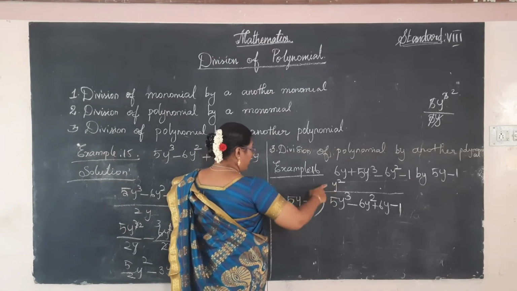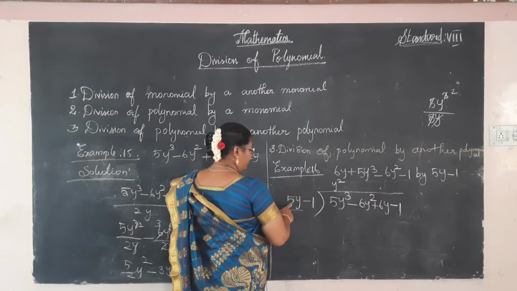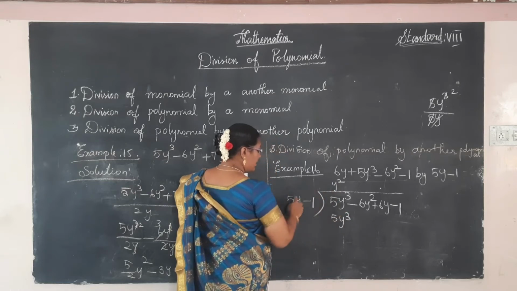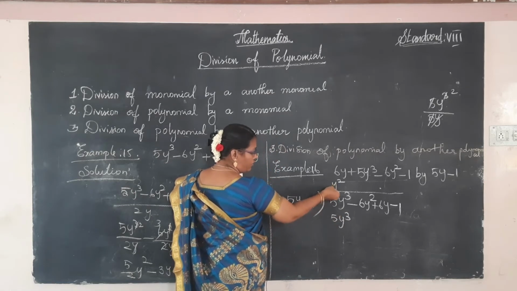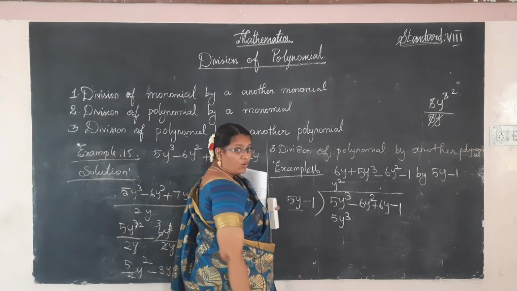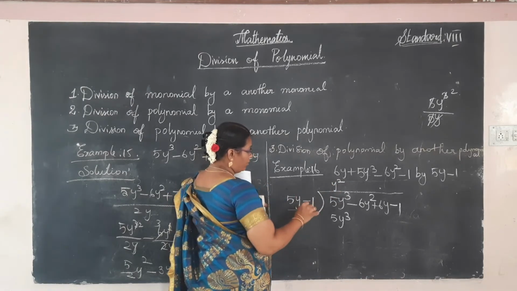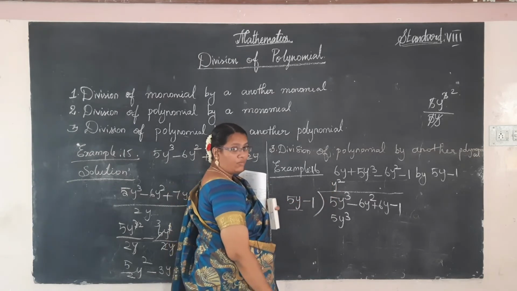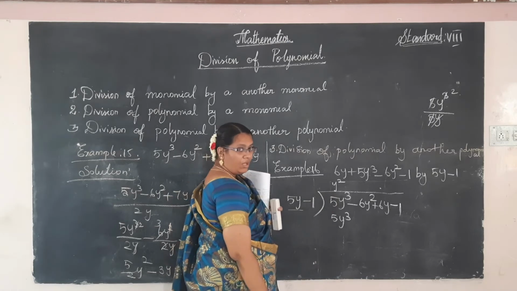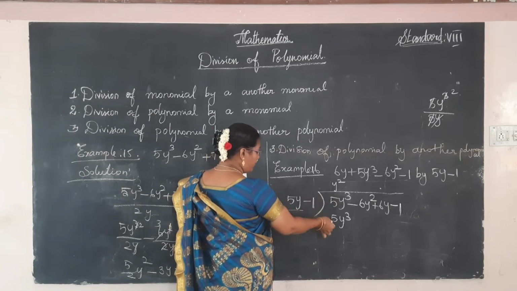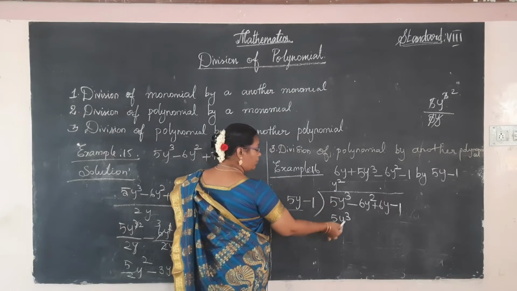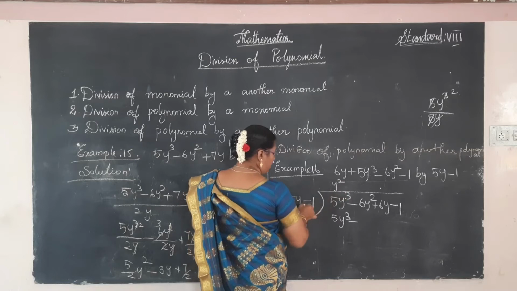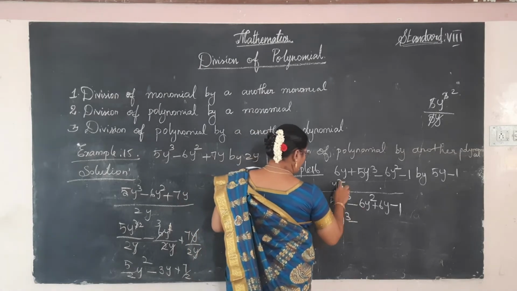Now multiply the quotient y squared by each term of the divisor. Y squared into 5y gives 5y cube, since the coefficient is 1, so 5 ones are 5, y squared into y power 3. Next, multiply the next term, minus y squared.